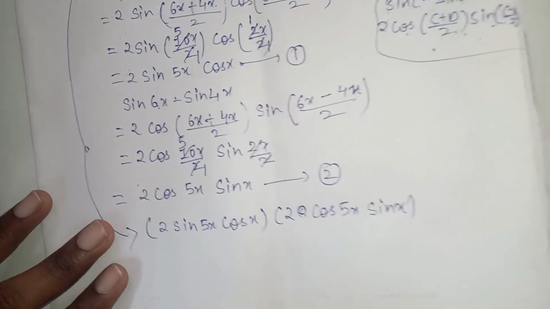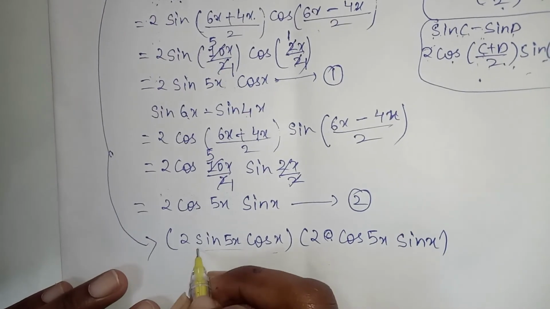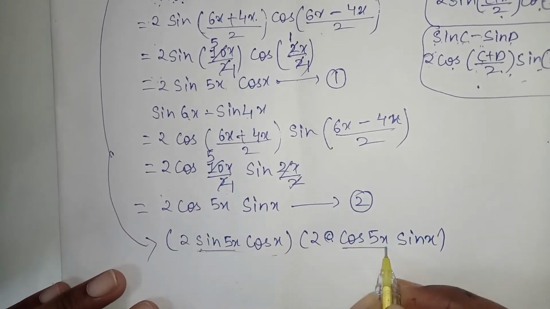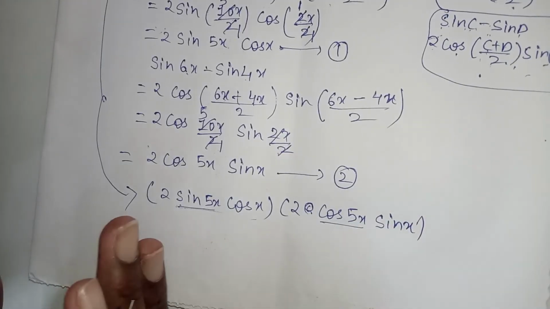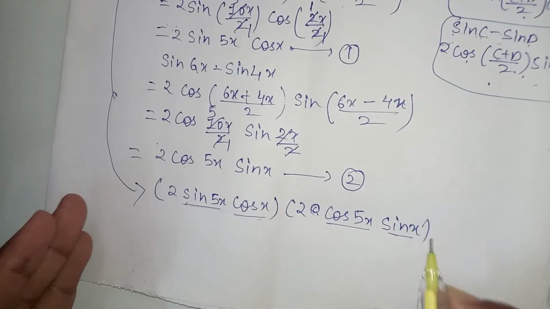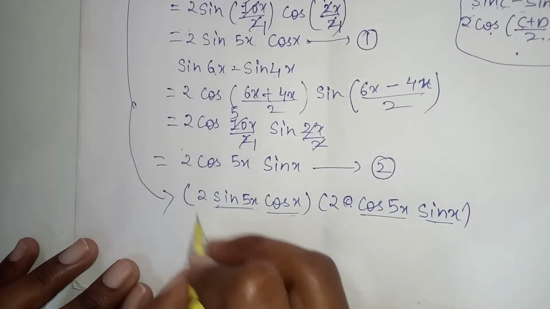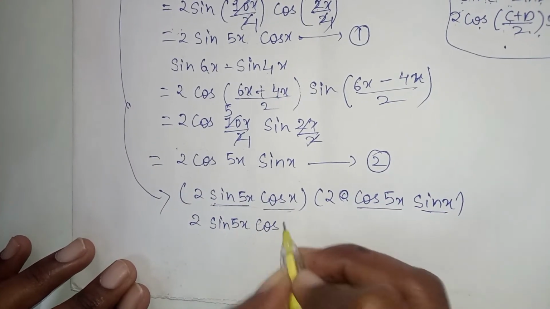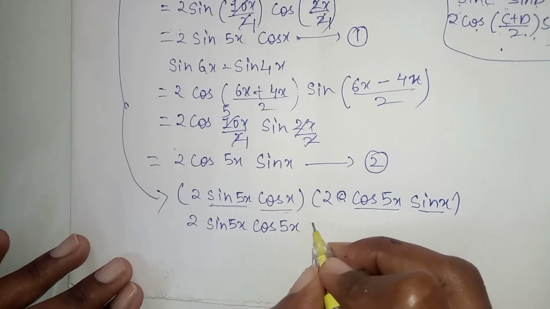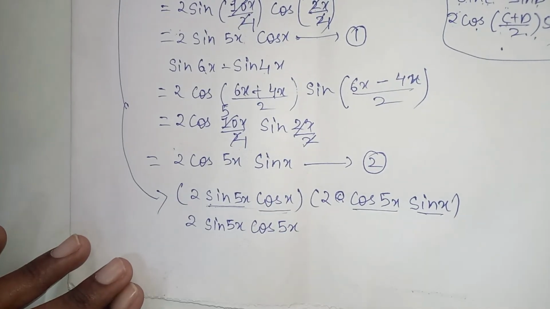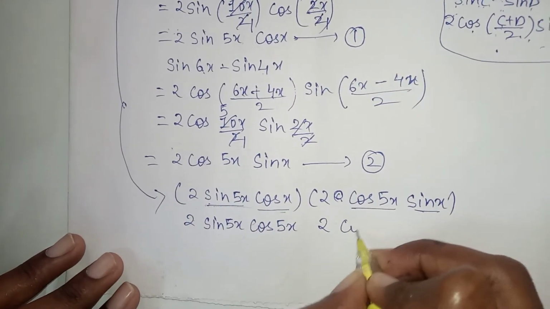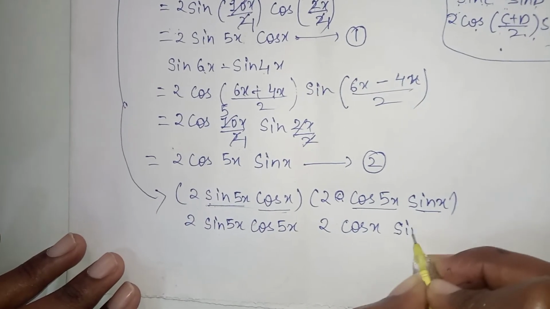As we can see over here, 5x is there, cos 5x is there. Whatever 5x and x terms are there, let us keep them on one side. 2 sin 5x and cos 5x, and again 2 cos x and sin x.